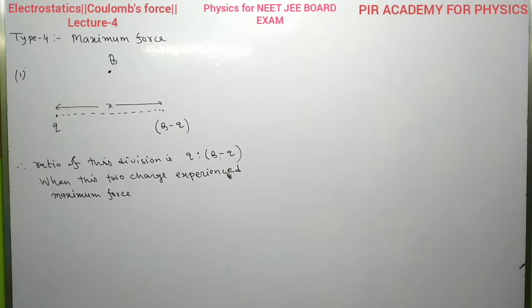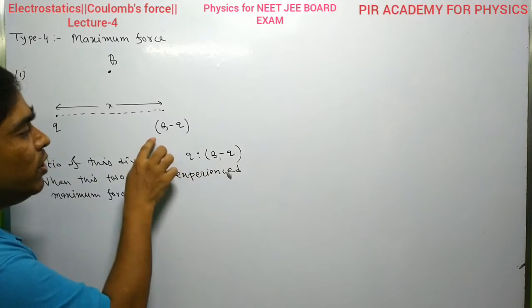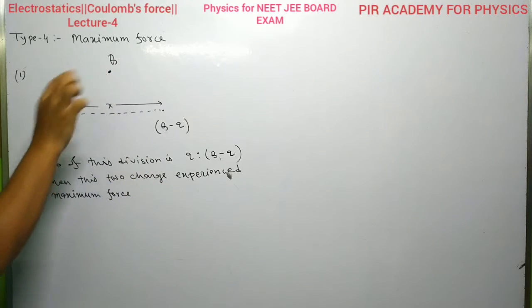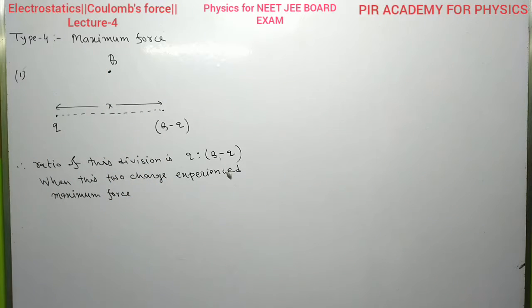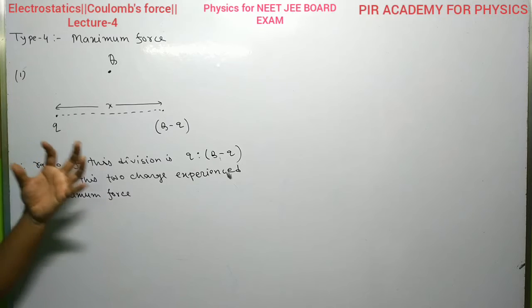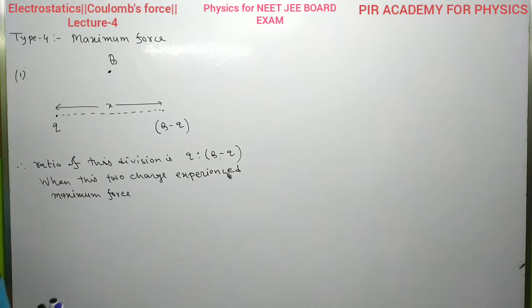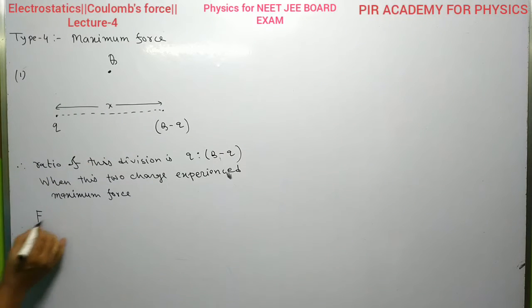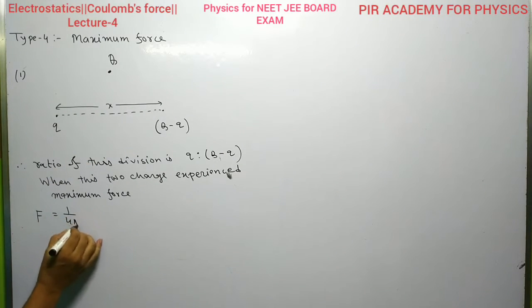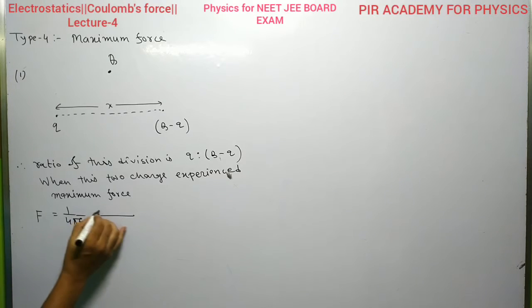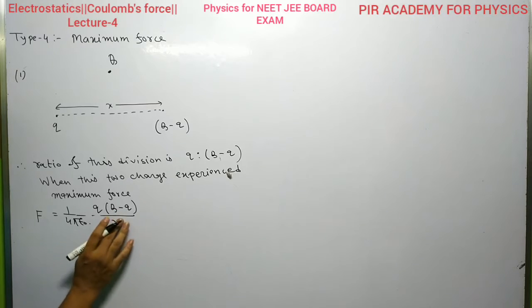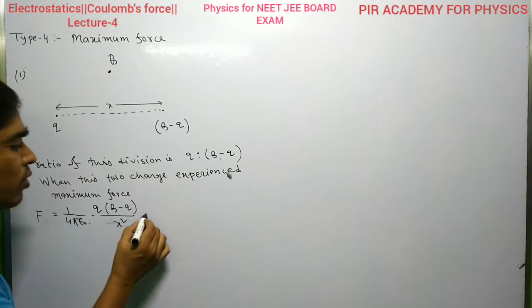You have to find out the ratio of these two charges, how you divide the charge so that they experience maximum force. So the force between two charges will be F equals 1 by 4 pi epsilon naught, q into Q minus q, divided by x square. This is the force between the two charges.